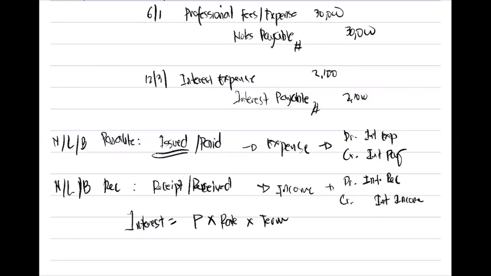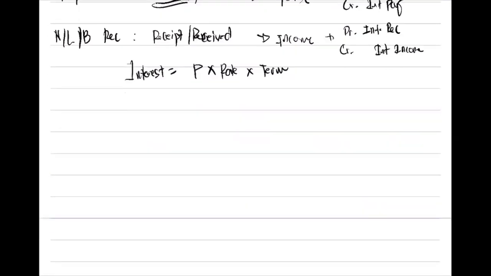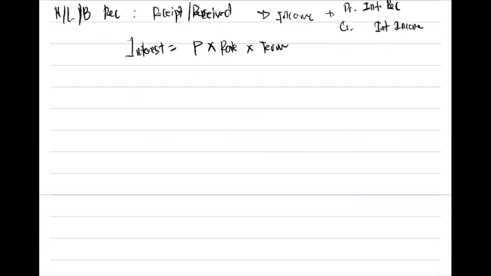Okay? So, we're done with depreciation. We're done with supplies and interest. Last special type of adjusting entry is your doubtful accounts.